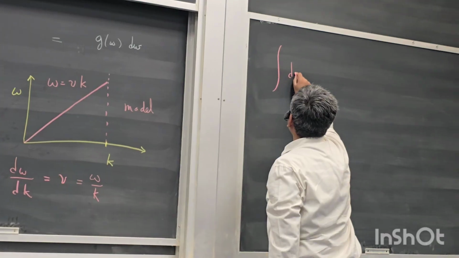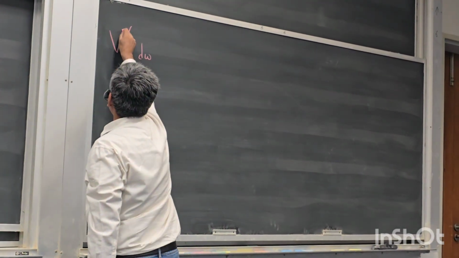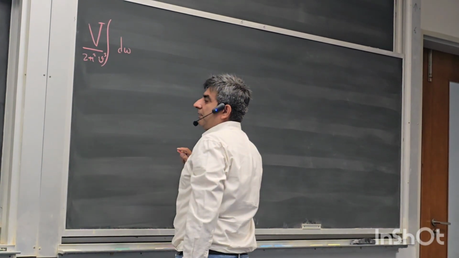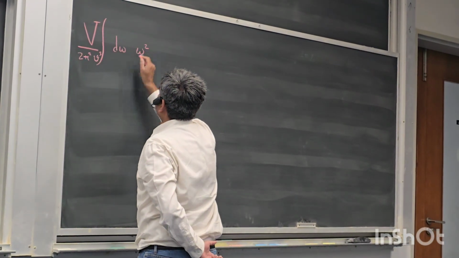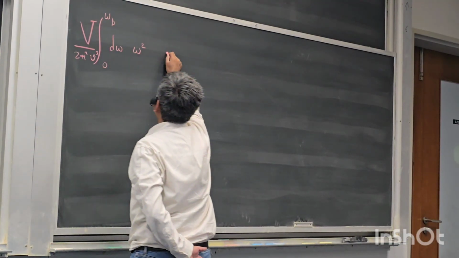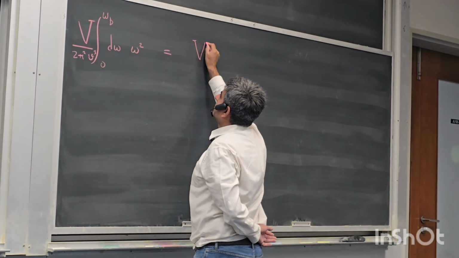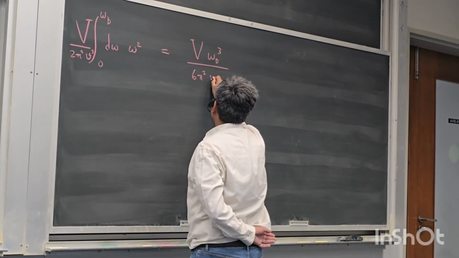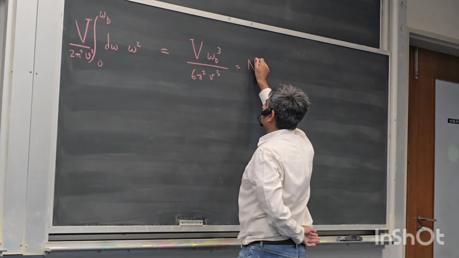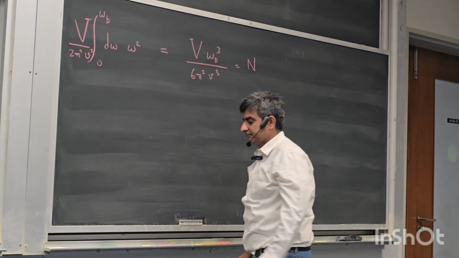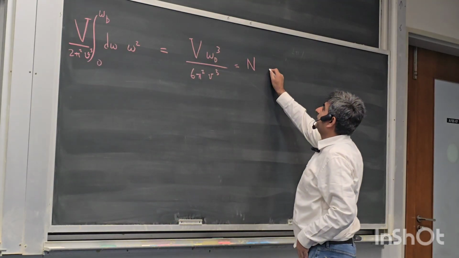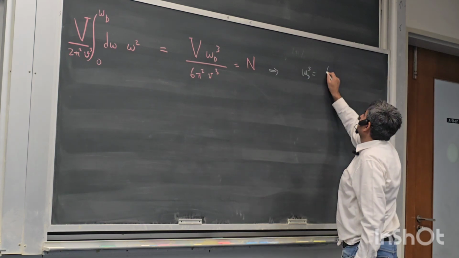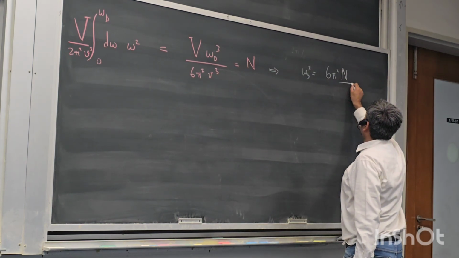This is my d omega. My g omega is V over 2 pi square small v cube, the speed of sound, and we integrate g omega, omega square, from 0 to omega d. This gives me V omega d cube over 6 pi square v cube. This must equal n, which really means that my omega d cube must equal 6 pi square n over V times v cube.